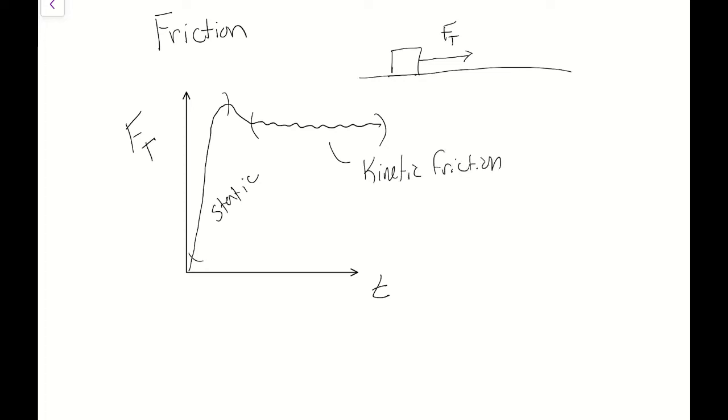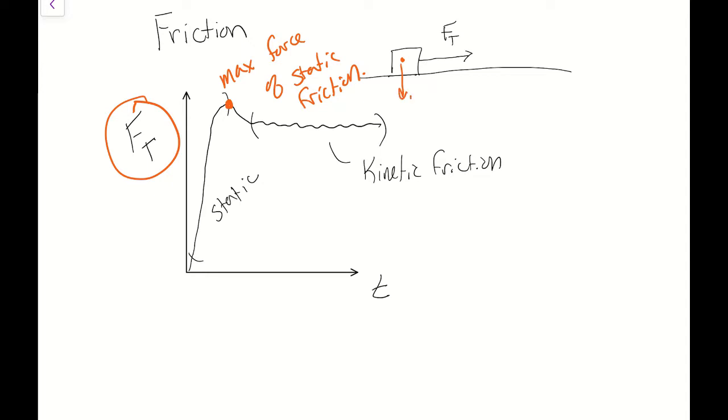Now, what happens at this point, this maximum point? This is where we have the maximum force of static friction. Now you might be thinking to yourself, well, Dr. P, I thought that you graphed tension on this side here. I did, but if we think about the free body diagram of this object, gravity goes straight down, normal force perpendicular to the surface.